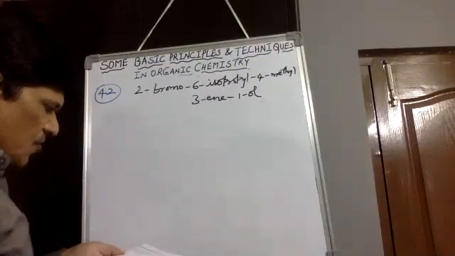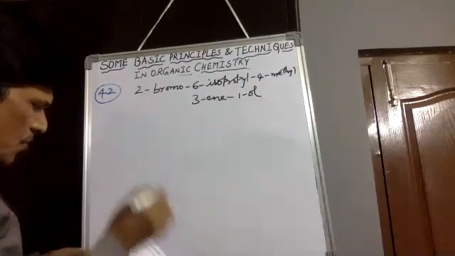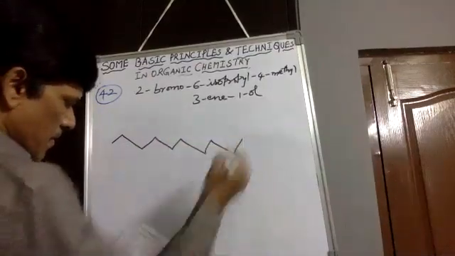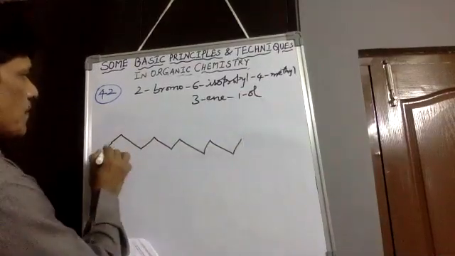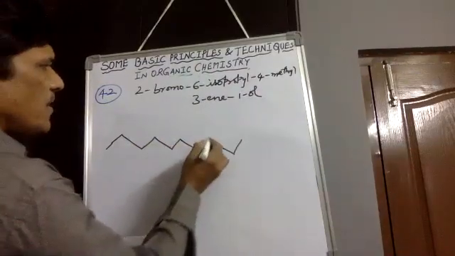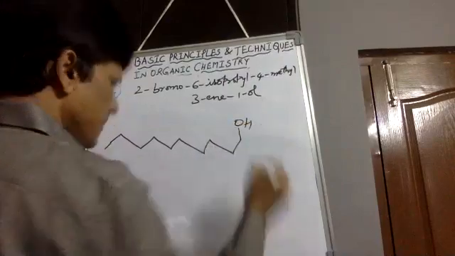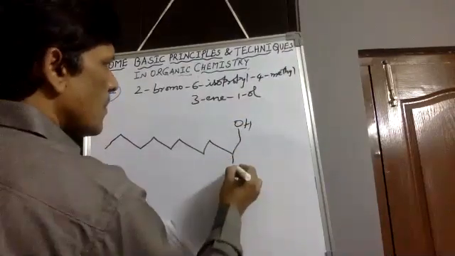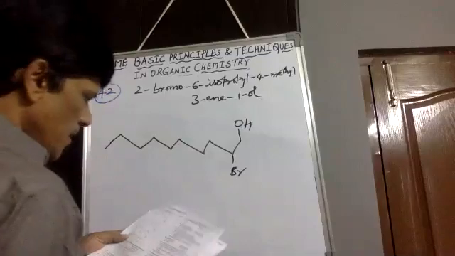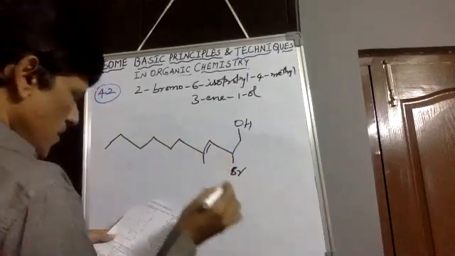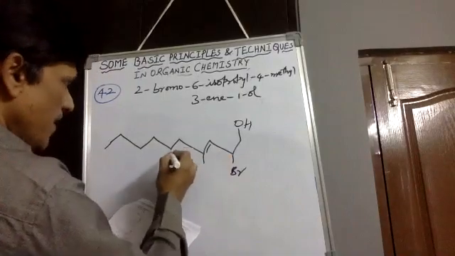That is the structure when we take it. 1, 2, 3, 4, 5, 6, 7, 8, 9, 10. Then here one OH group is there. Then suppose we take bromine at the 4th position, methyl with a double bond. The 4th structure we are drawing here.